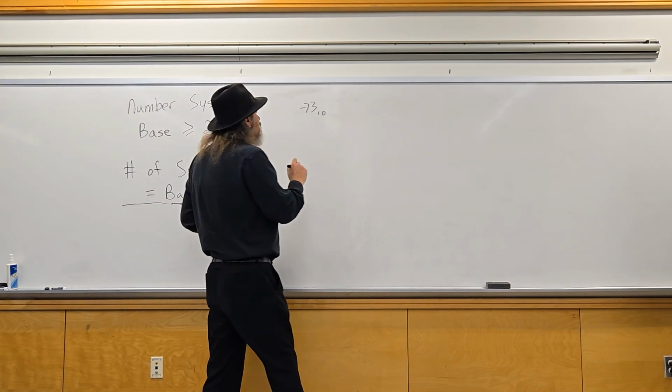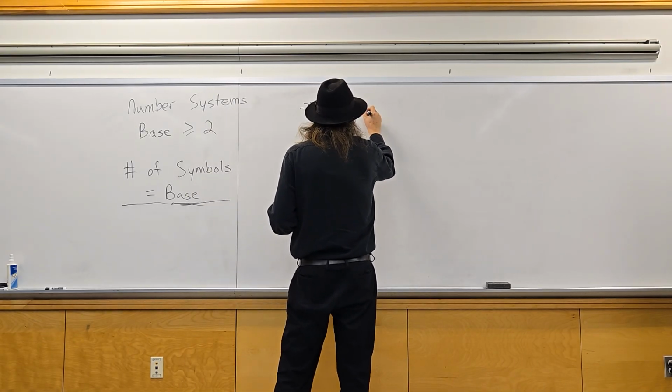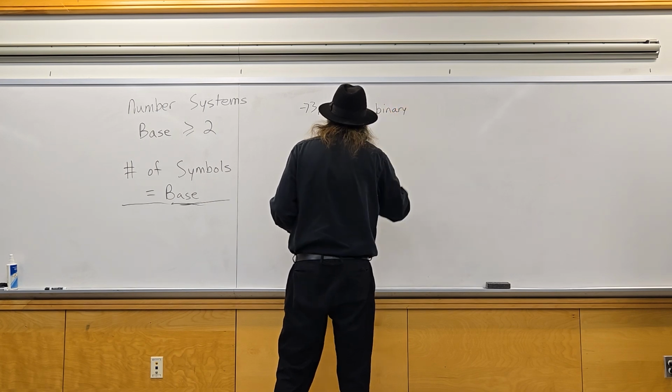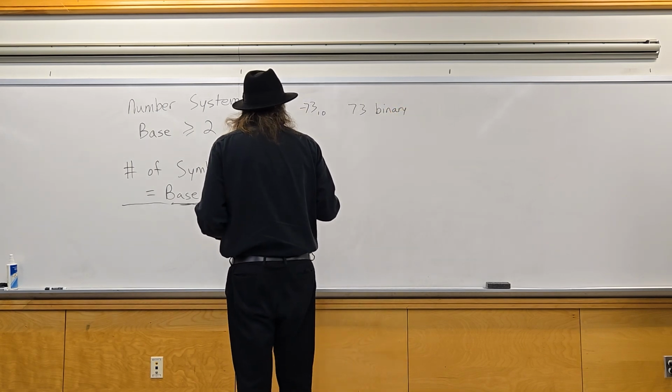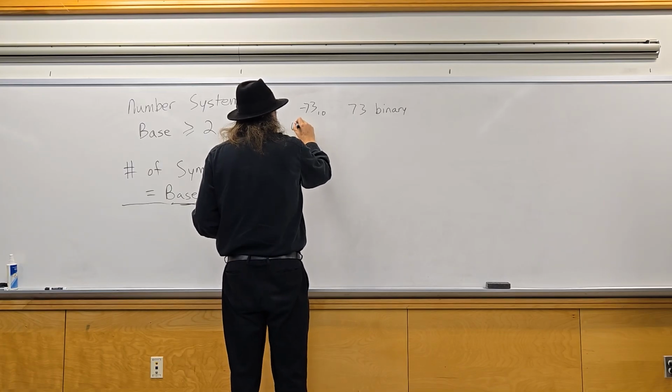So to do that, you convert 73 to binary, which is a 1 in the 64's position.